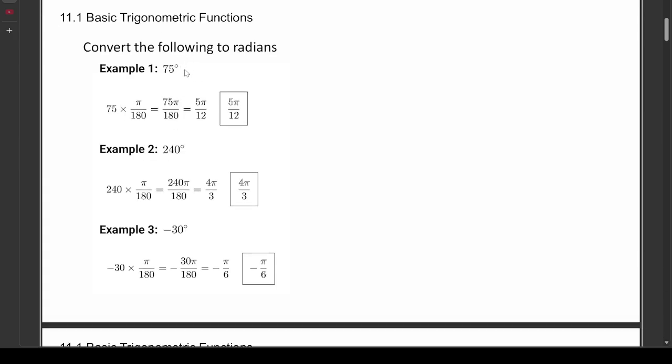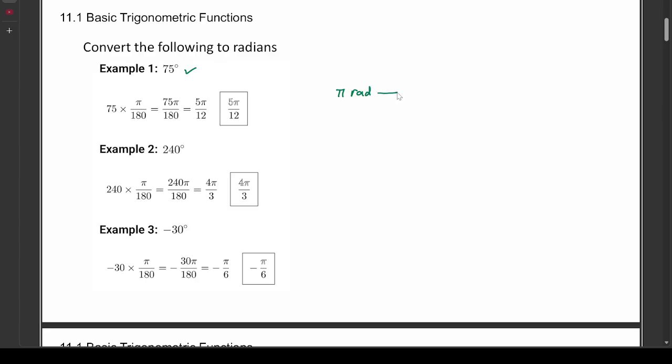For example, if you're given 75 degree and you want to convert to radian, you just need to remember that pi radian, pi is like 3.142.